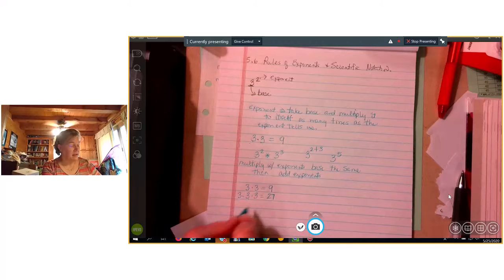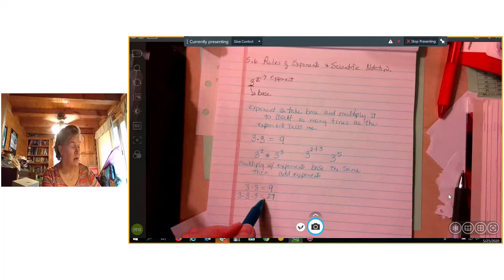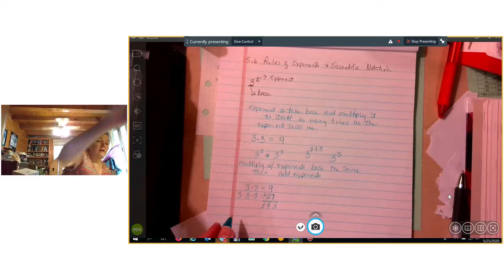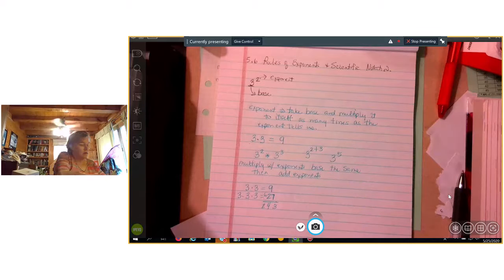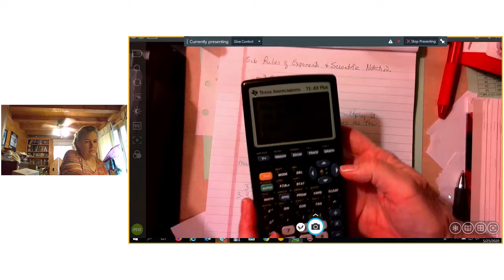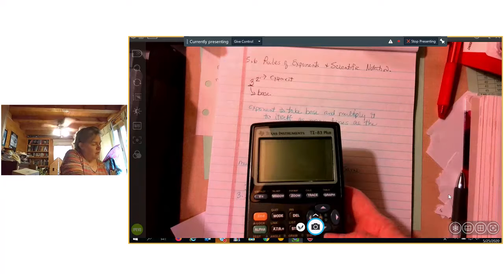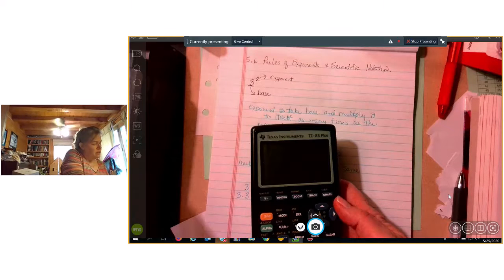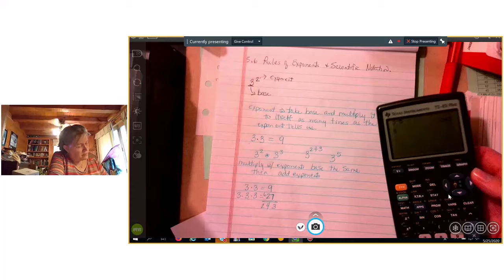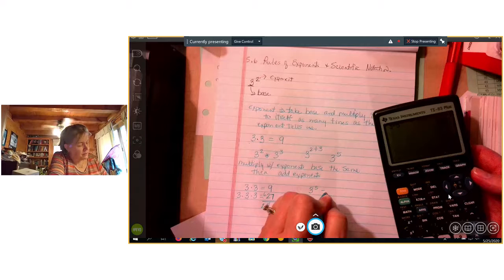And then if I'm multiplying these together, then I'm going to say 9 times 7 is going to be 63, carry a 6, 18 plus 6 is going to be 24. 3 raised to the 5th power is going to be 243.